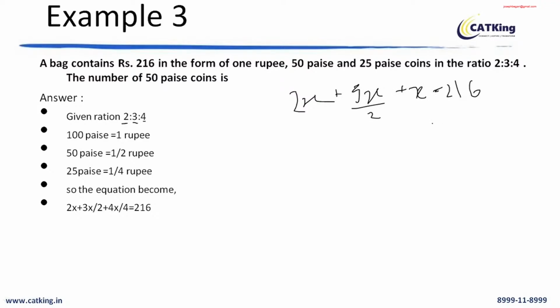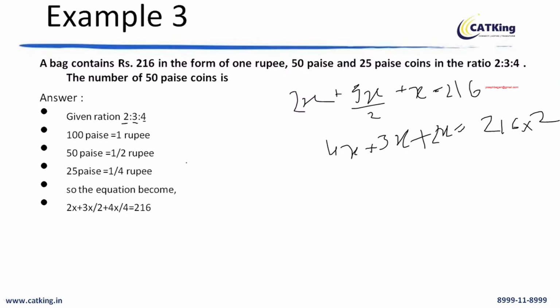Now we will take LCM of 2 and multiply everything by 2, so that becomes 4x plus 3x plus 2x, which is equal to 216 into 2.